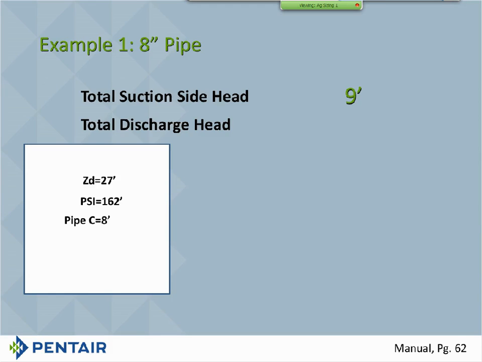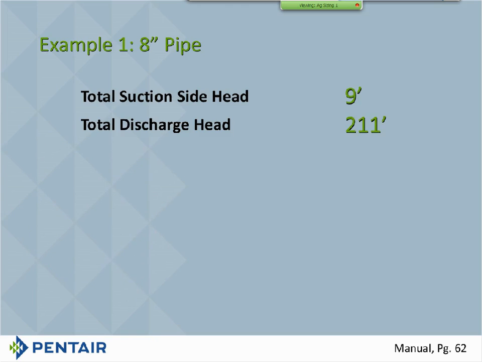It was still 4-inch pipe, so it's still going to be 8 feet of friction loss there, but we bring our section D pipe down to 14 feet. So now if we add all that together, it comes up to 211 feet. All right? So now our total dynamic head is 220, 9 plus 211. We still want 820 gallons a minute.